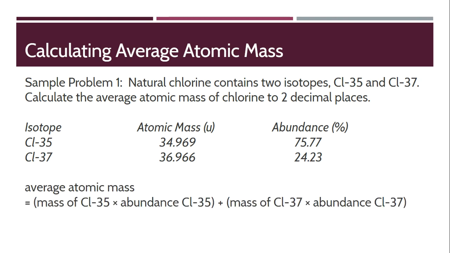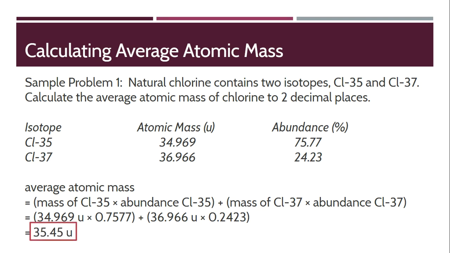Average atomic mass is going to equal the mass of chlorine-35 times its abundance plus the mass of chlorine-37 times its abundance. And remember, those abundances have to be changed to decimals. Divide them by 100. So there we have the numbers put in, 34.969 U times 0.7577 plus 36.966 U times 0.2423. You put that in your calculator and you find that the average atomic mass of chlorine is 35.45.